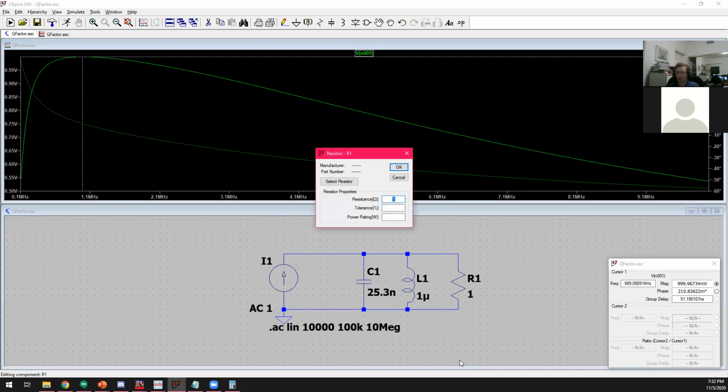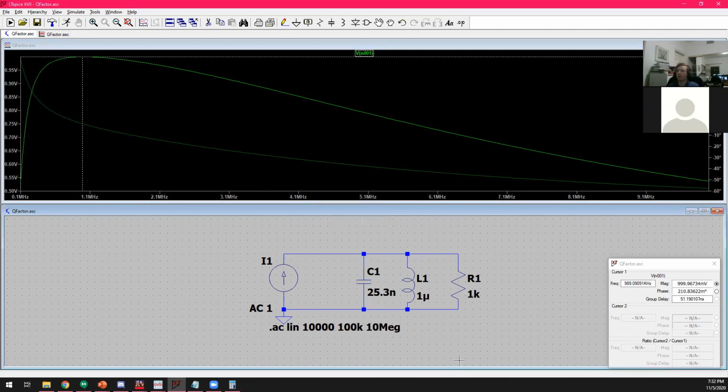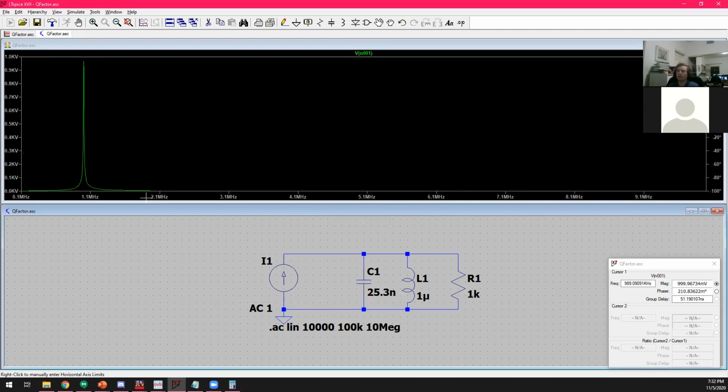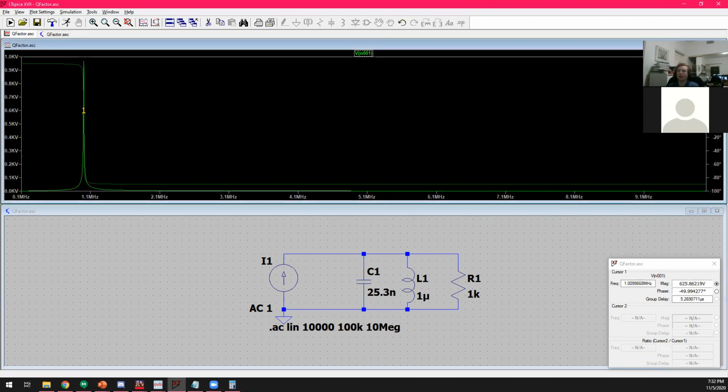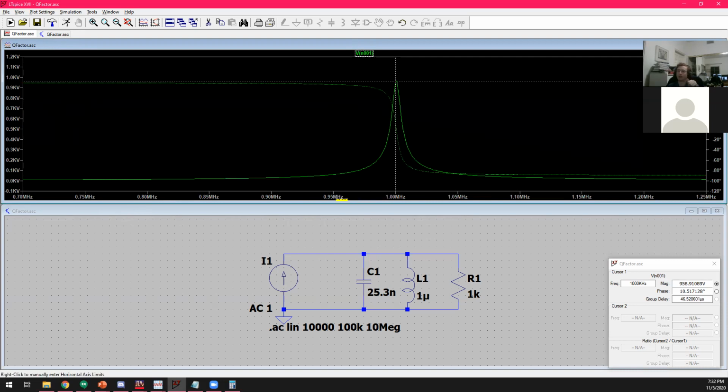Now, when I increase this 1 ohm resistor to 1 kilo ohm, see, now we have a nice spike at that 1 megahertz. And that corresponds to a much narrower bandwidth. And also, if we were to stick this into an oscillator, much less phase noise, because that loop gain is only 1 at a much narrower range of frequencies.